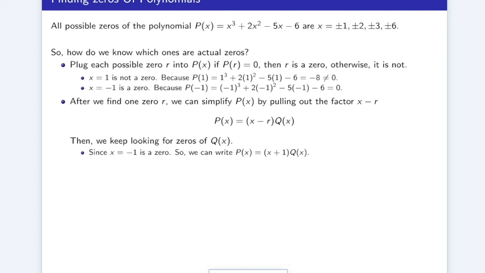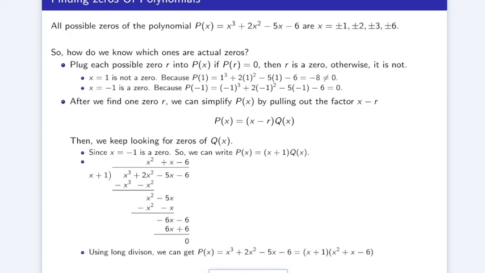And then what is q of x? So we need to use long division, right? So we use the long division here to get the q of x. So q of x equals x squared plus x minus 6, right? So we can rewrite it as x plus 1 times x squared plus x minus 6.